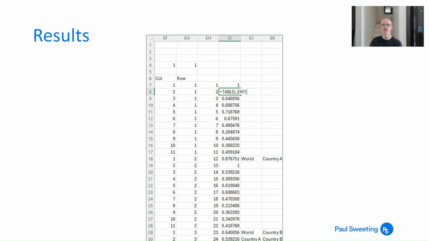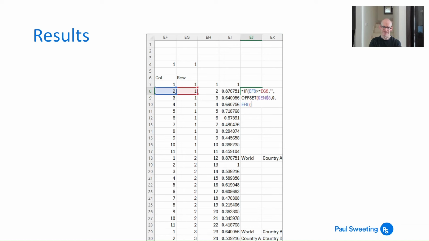Well, I do it using the table function. What the table function essentially does is put each of the following numbers in column EH into EH7 and then give me the result, which gives me this whole string of correlations for every particular pair.